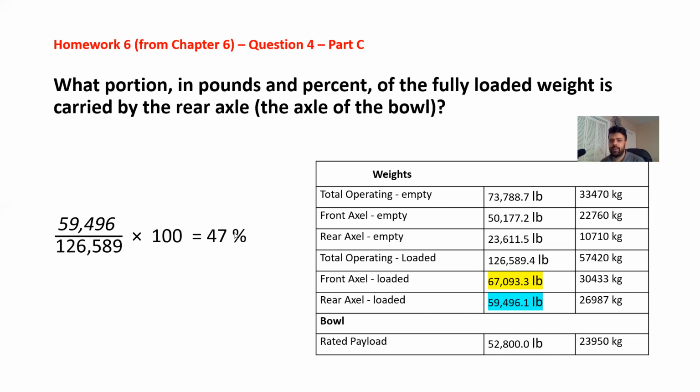That gives us 47%. Or we could simply say, since we only have two axles here, 53% is carried by the front axle, so the remainder will be carried by the rear axle. So 100% minus 53% would be 47%. Or we could just do the math either way. All right.